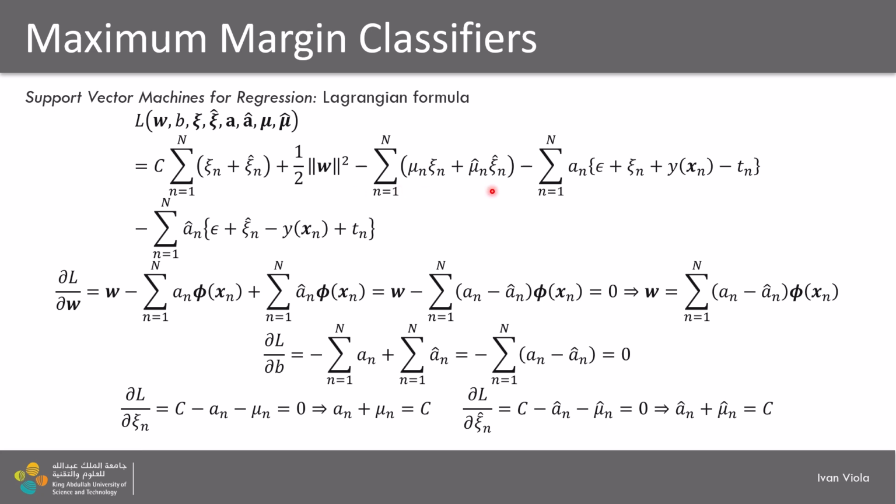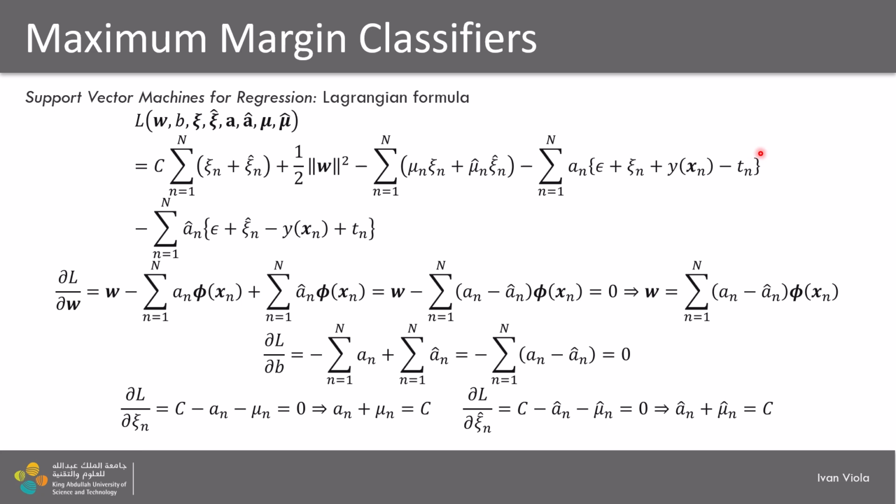And then another constraint is the formulation before, for the points which are outside the tube.